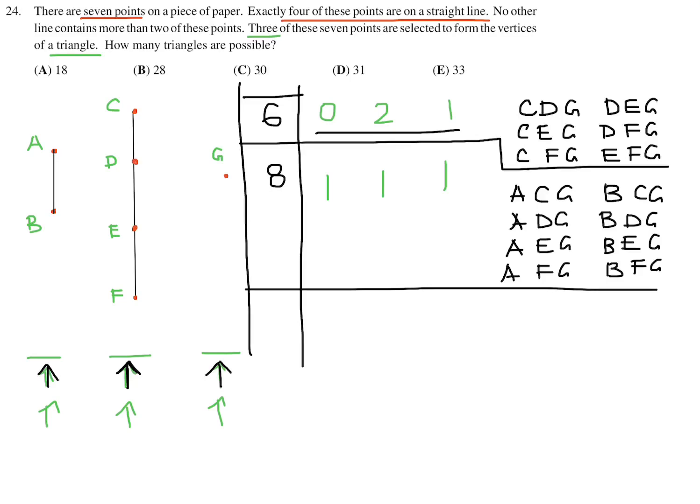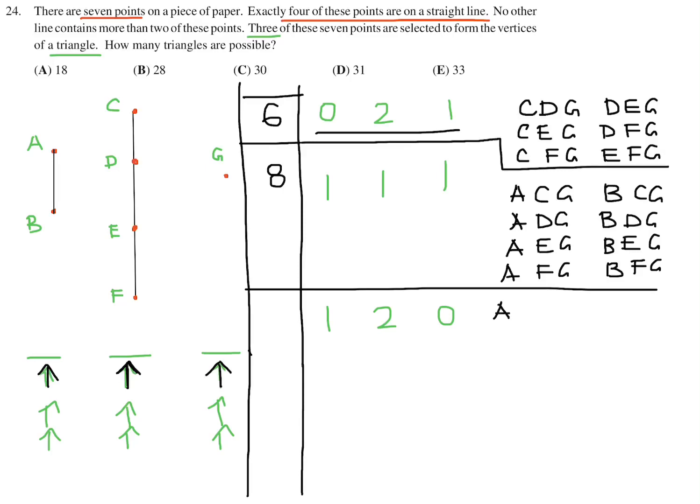Next scenario is 1 vertex from here, 2 vertices from here, and 0 from there. Okay? So let's see what this gives us. All right, here we go.